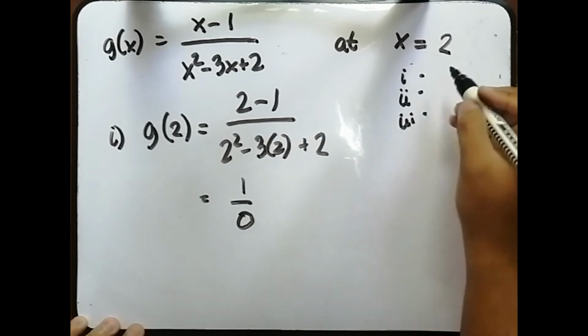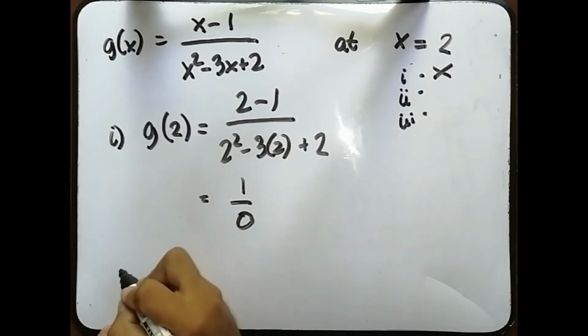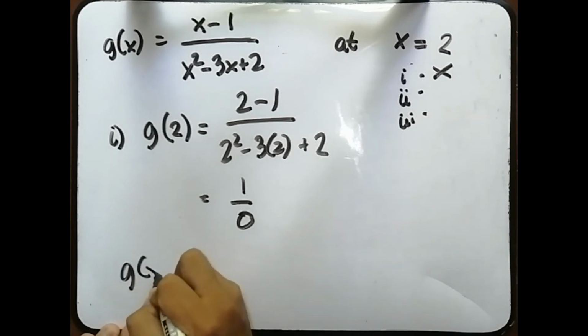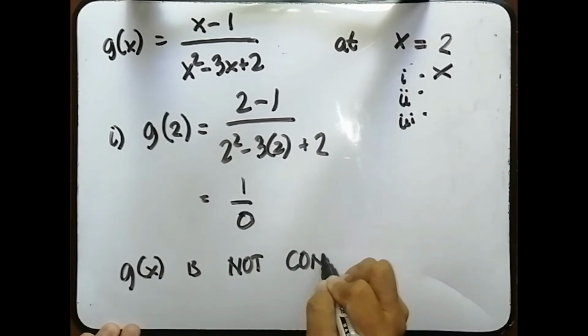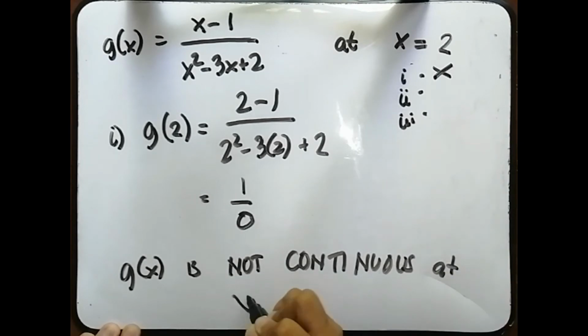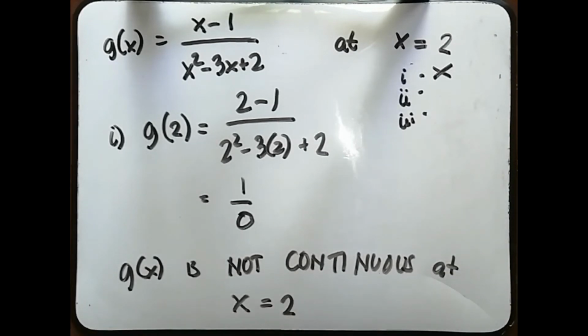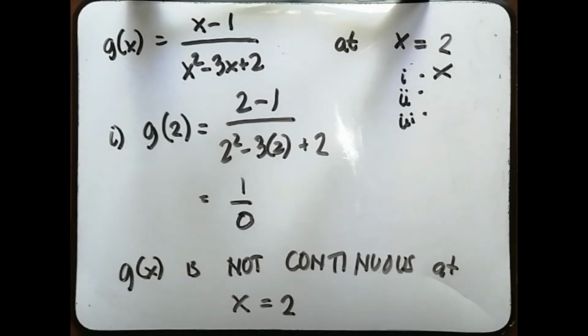Again, undefined to, kaya hindi natin na-satisfy yung first criteria. Therefore, g of x is also not continuous at x equals 2. So, ganun lang kadali para i-check yung continuity ng isang function at a number.